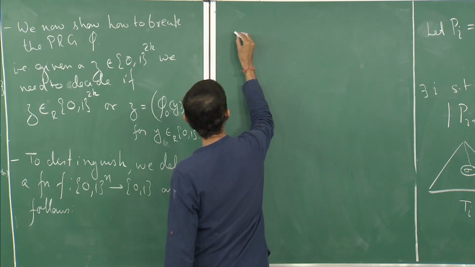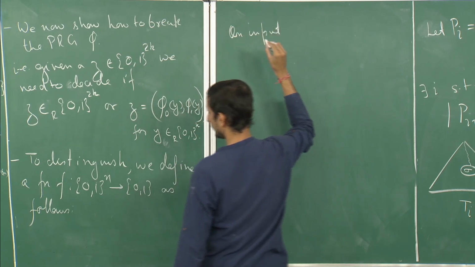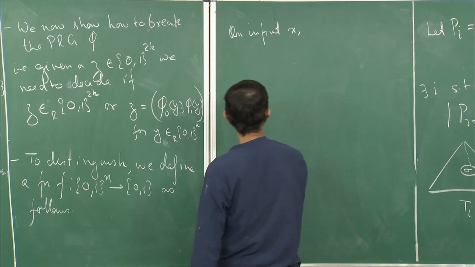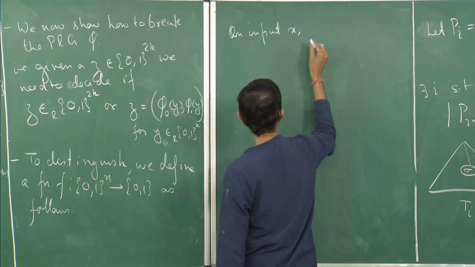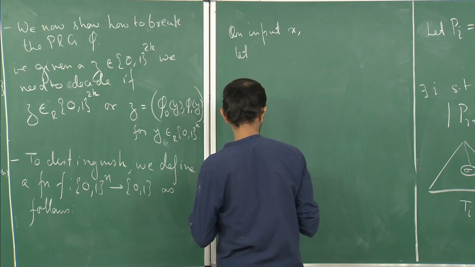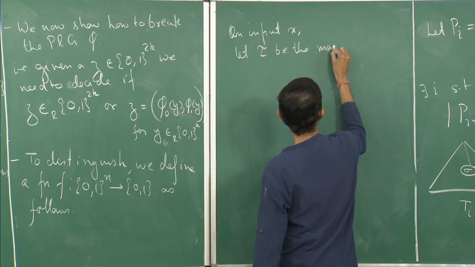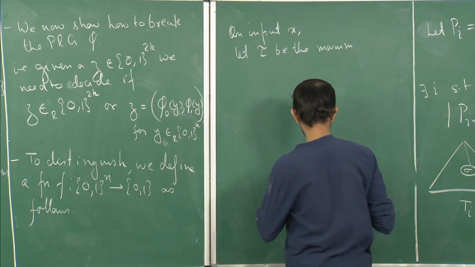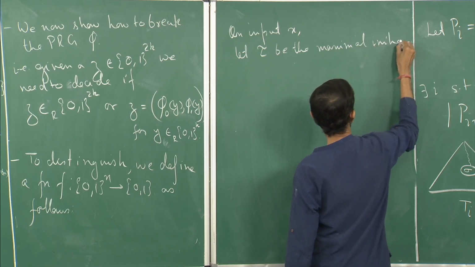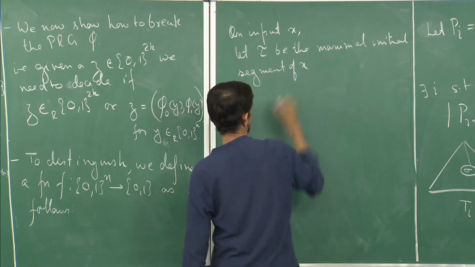What we do is, on input x, let tau be the maximal initial segment of x.